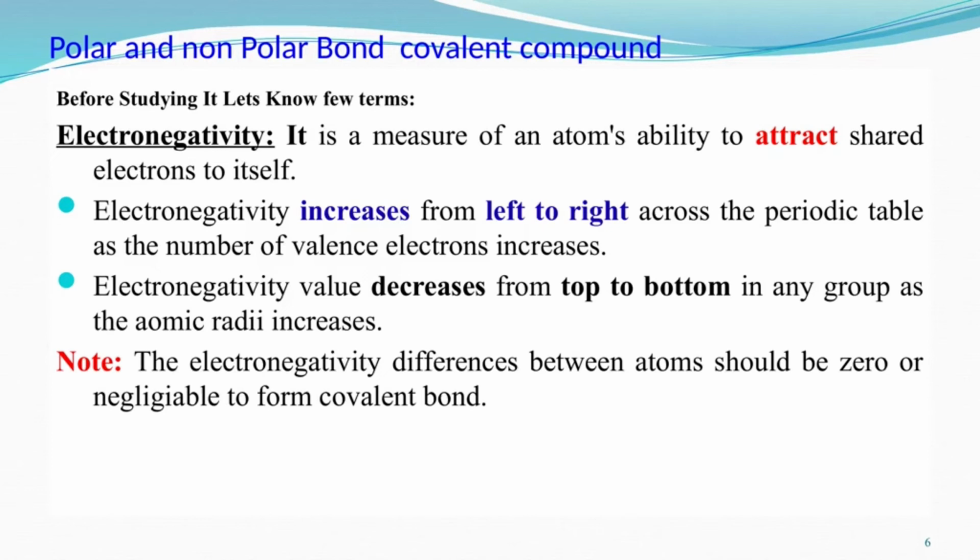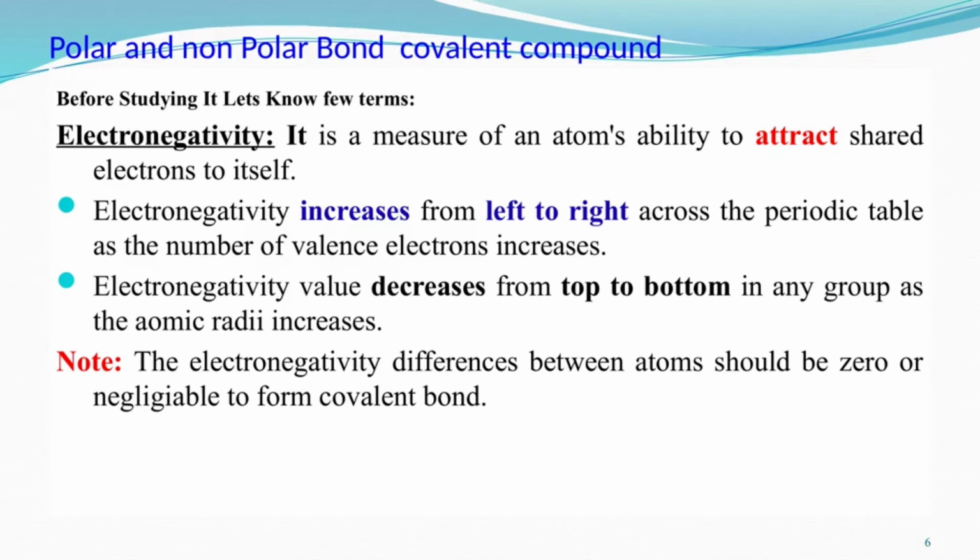So, what is that? Electronegativity is a measure of an atom's ability to attract shared electrons to itself. Electronegativity increases from left to right across the periodic table as the number of valence electrons increases.